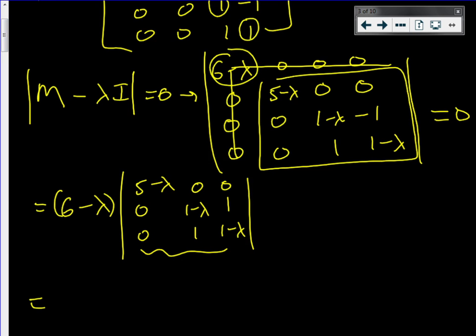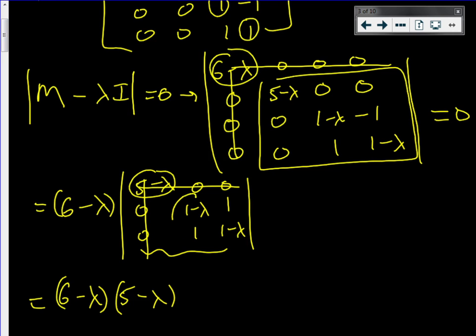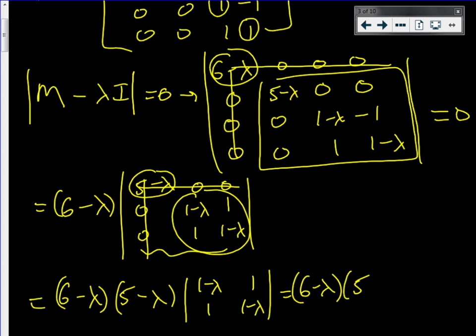Well, I'm going to do the same thing again. I'm going to take 5 minus lambda, cross off the first row and the first column, and then multiply by that determinant. This 2 by 2 is easy. You multiply those two. Since they're the same, it's going to be squared. Minus, now you multiply those two, which is 1.